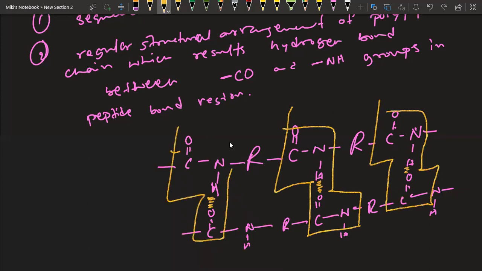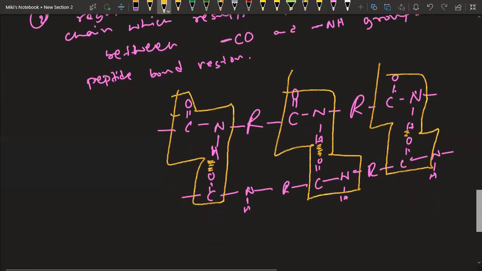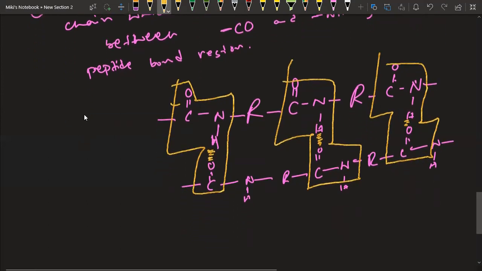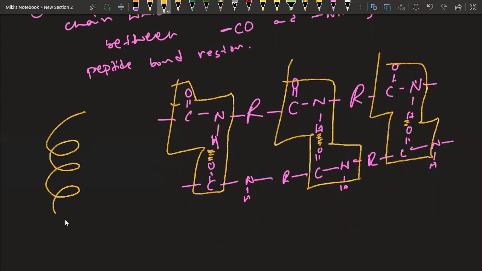The structure of secondary protein is more like this. You can say, let's say there's a spiral of protein, the polypeptide chain.